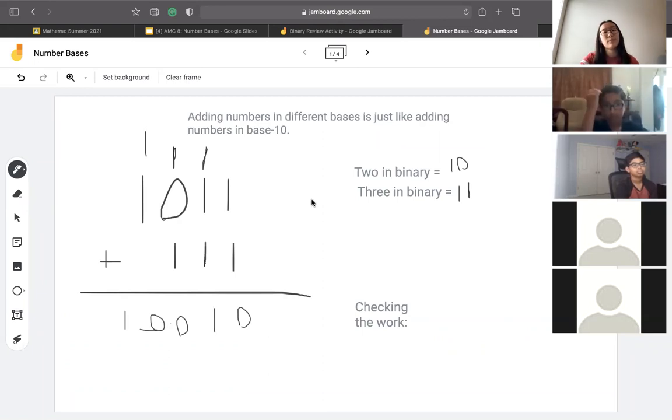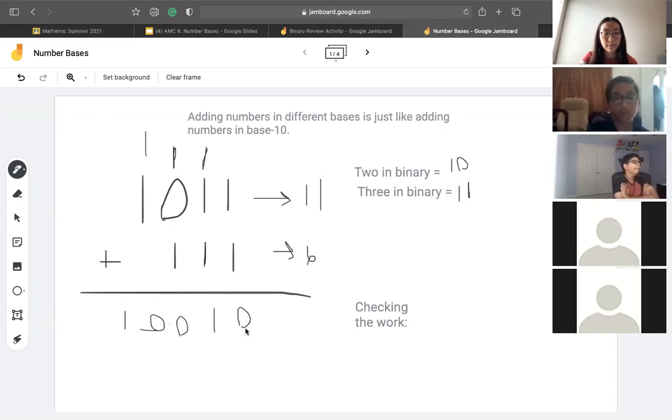And now there's also a way to check our work. If we convert this number into decimal, 1, 0, 1, 1 would be 1 plus 2 plus 8, so 11. And then this right here would be 1 plus 2 plus 4. So that's 6.